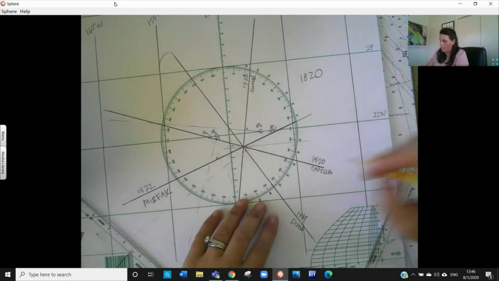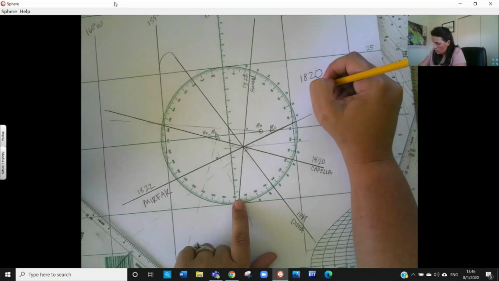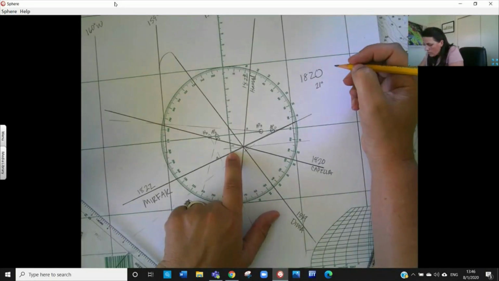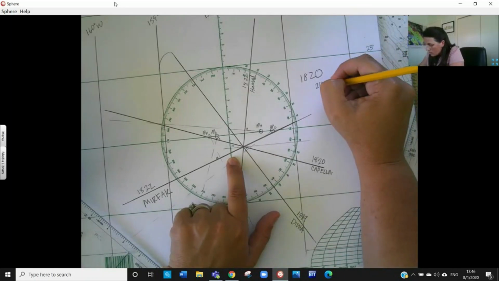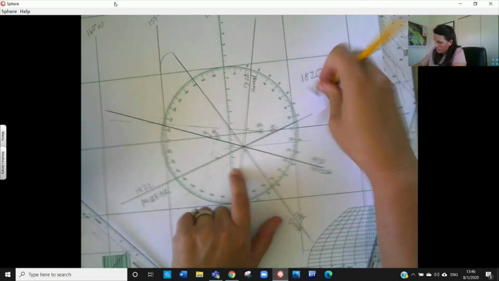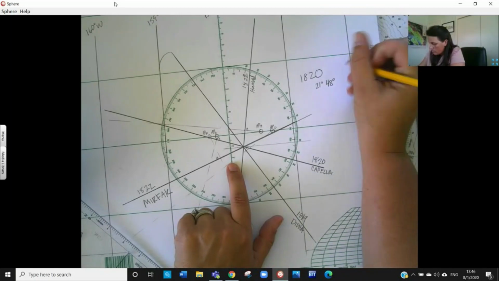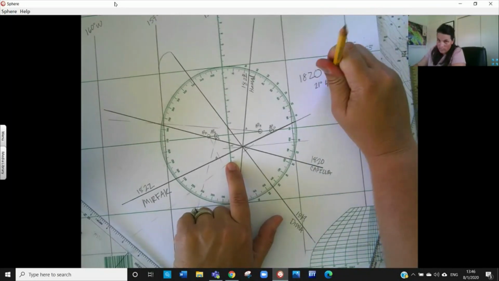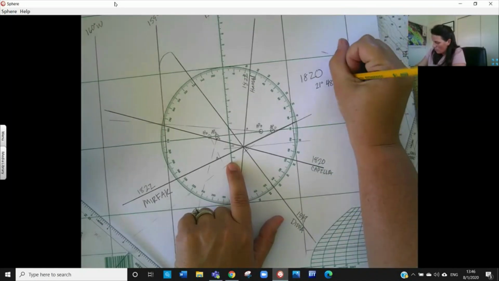I'm rounding it to 1820. My latitude was 21 degrees, 48, excuse me, almost 50. 48, doing it again, 48 minutes north.